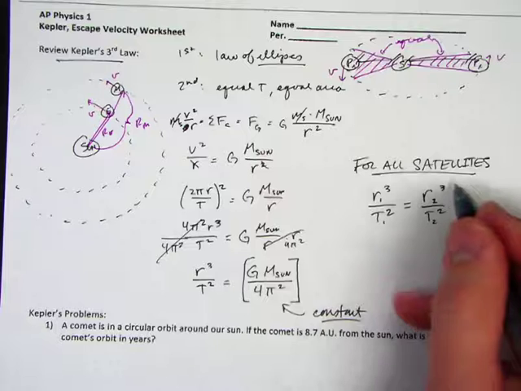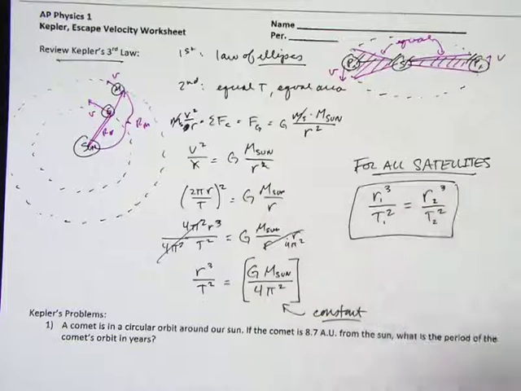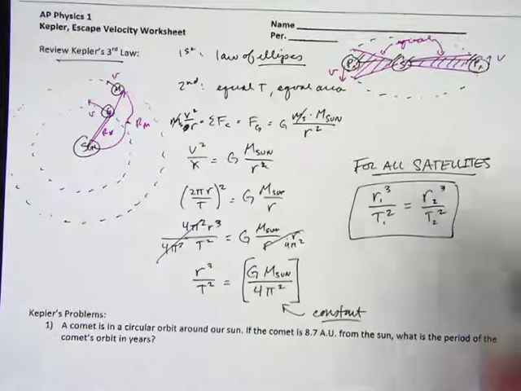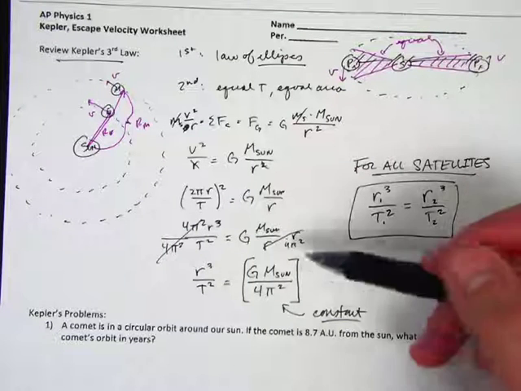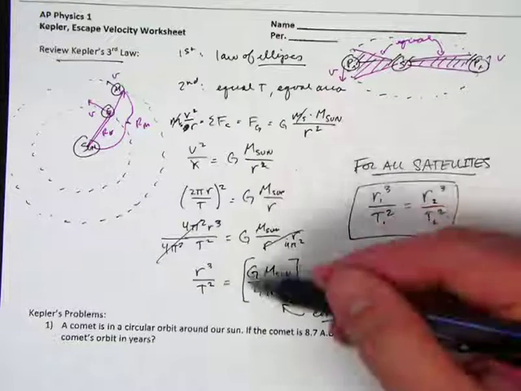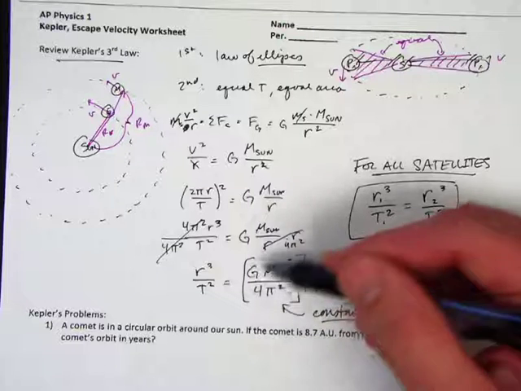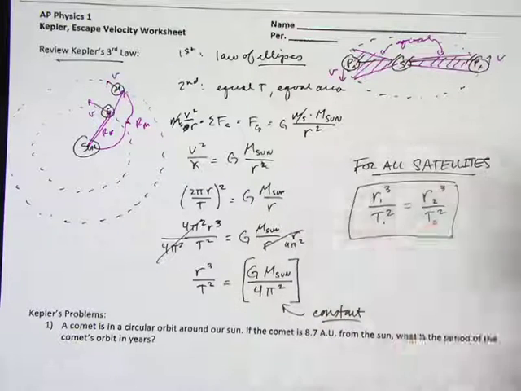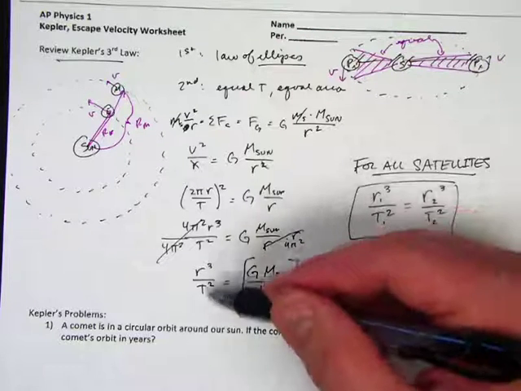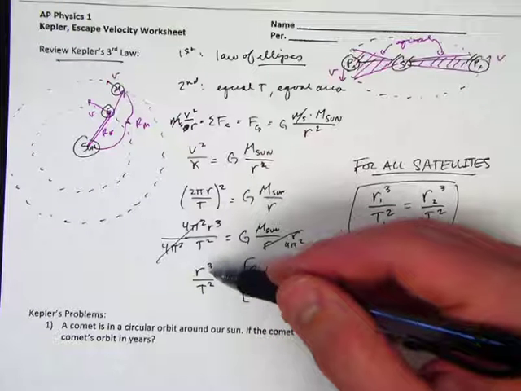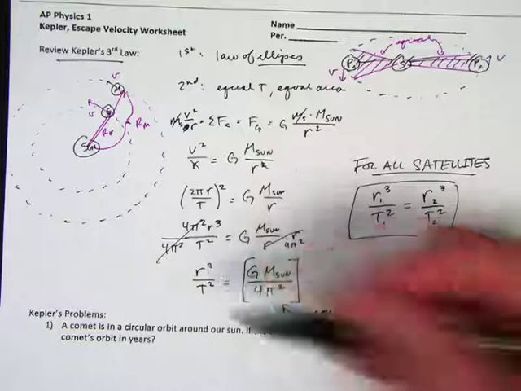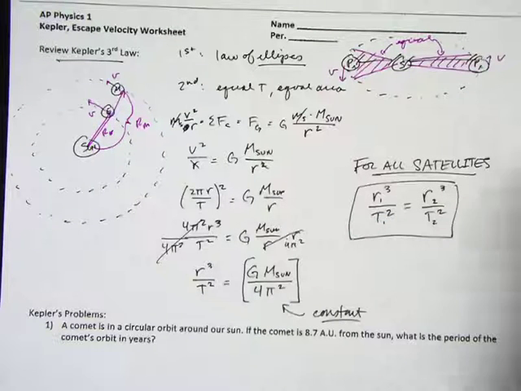So we can use this expression as a new equation for any two satellites orbiting around the same sun. And that's Kepler's third law. So his genius was in realizing that this is constant for any satellite around a given object, such as the sun. And so therefore, the ratio of the cube of the orbital radius to the square of the period will be constant. And that's Kepler's third law.